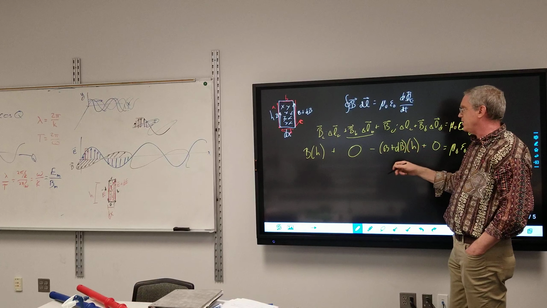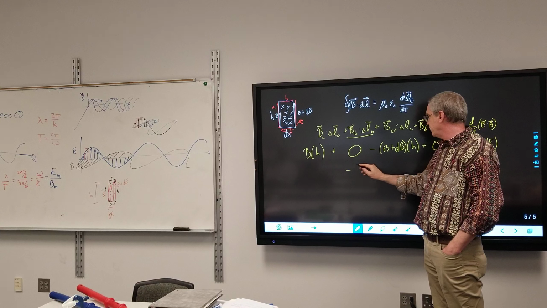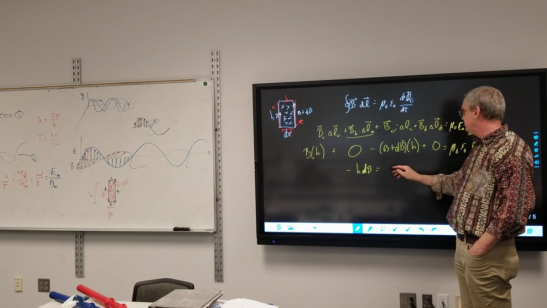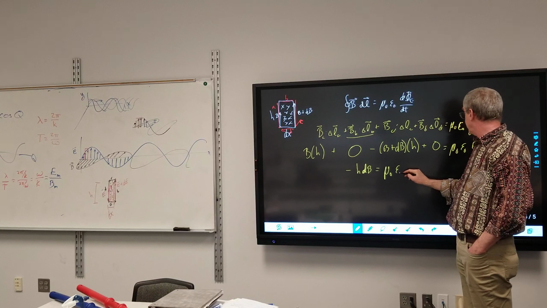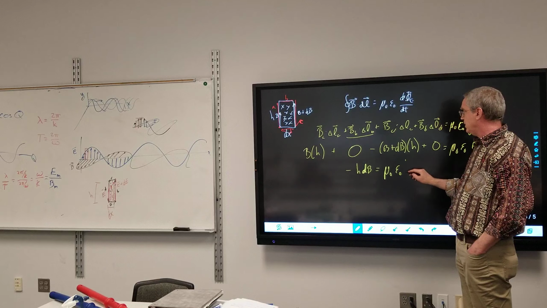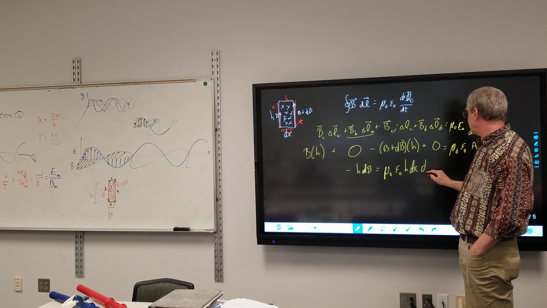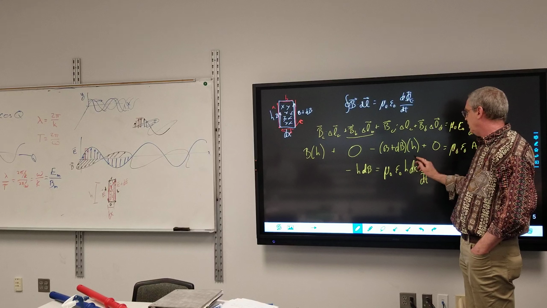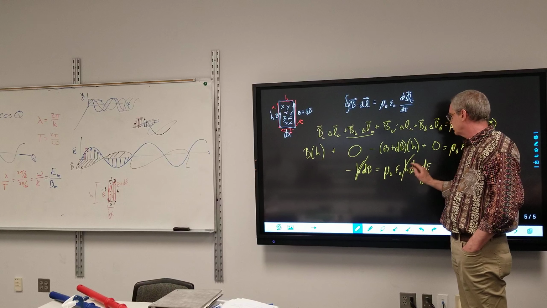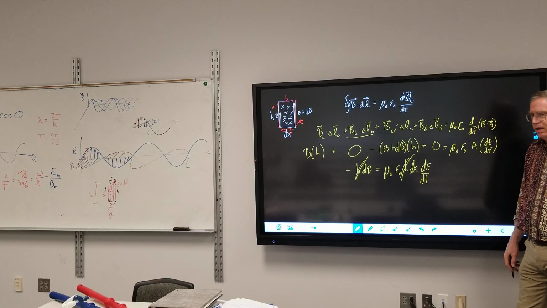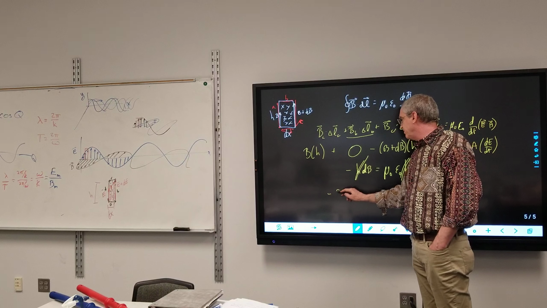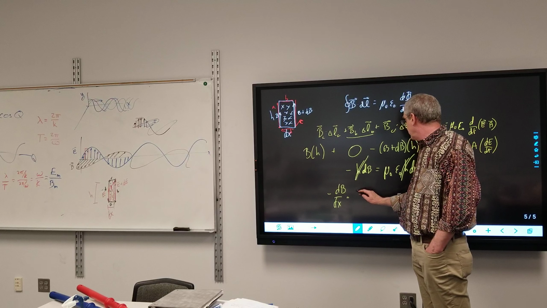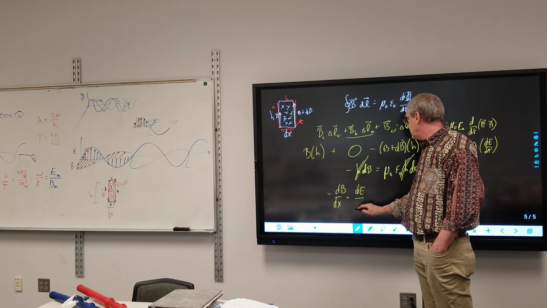If I distribute the H, the BH disappears, and I'm left with negative H dB is equal to mu naught epsilon sub naught times area H dx times d dt. H cancels out. And similar to what I did before, we get negative dB dx is equal to mu naught epsilon sub naught dE dt.